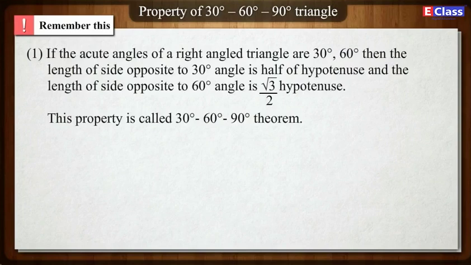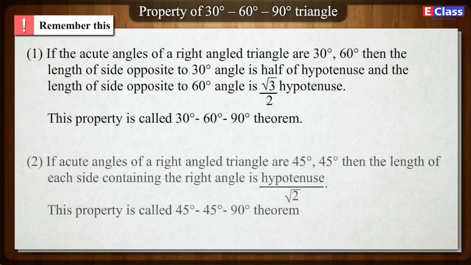This property is called 30 degree, 60 degree, 90 degree theorem. 2. If acute angles of a right-angled triangle are 45 degrees, 45 degrees, then the length of each side containing the right angle is hypotenuse upon square root 2. This property is called 45 degrees, 45 degrees, 90 degrees theorem.